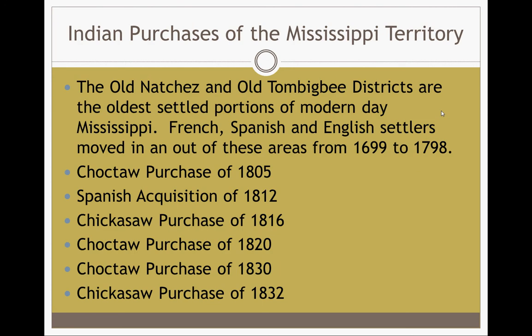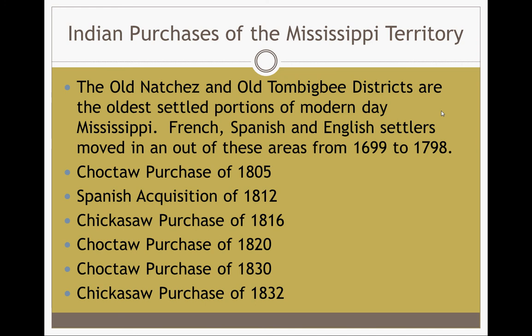Now, the old Natchez and the old Tombigbee districts are the oldest settled portions of modern-day Mississippi. Many maps show that this is the area around where Natchez is, and the Tombigbee districts were South Mississippi. Much of the land in Forest, Wayne, and Jasper counties, that kind of area. Some down in Lawrence County.